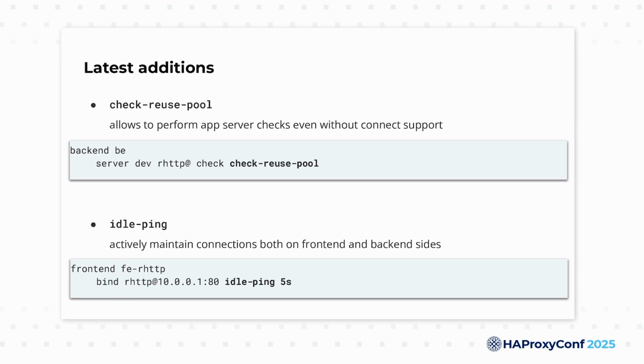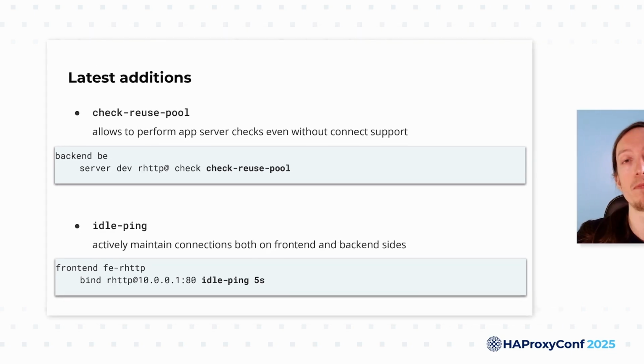For reverse HTTP, we have introduced new features for the newest HAProxy 3.2 versions. The first one is the check-reuse-pool keyword. This keyword can be added on a server line. It will instruct that checks are performed by reusing a connection instead of instantiating a new connection.